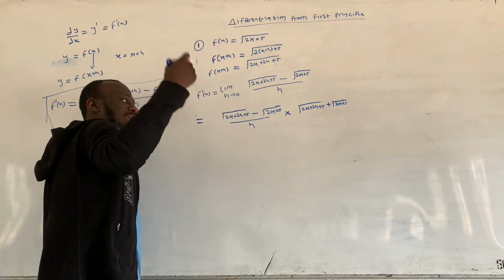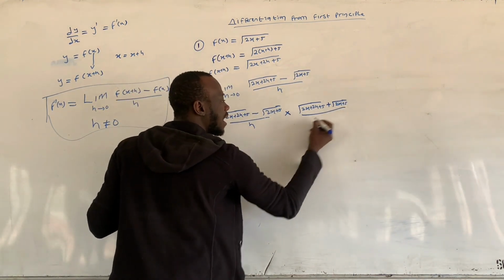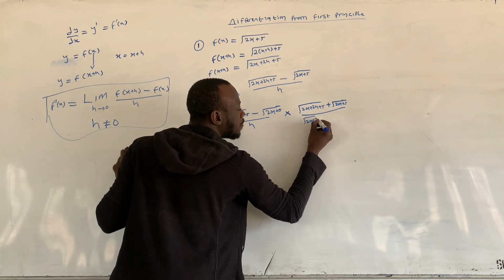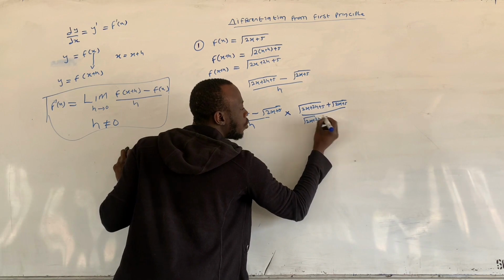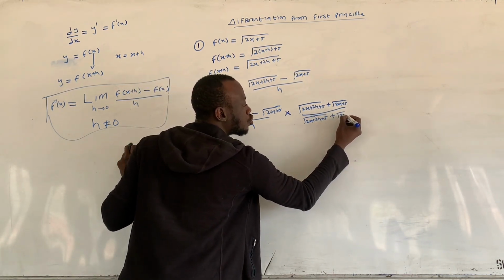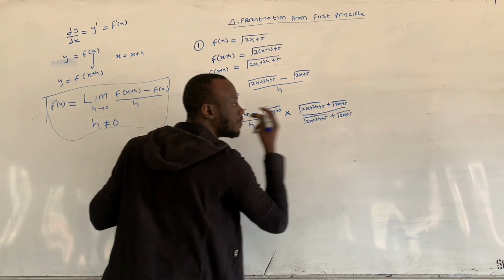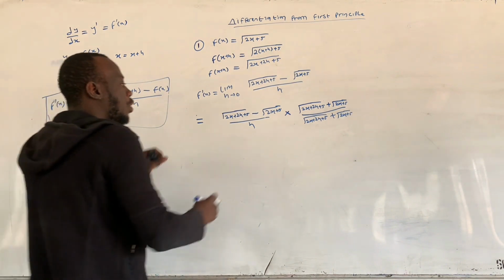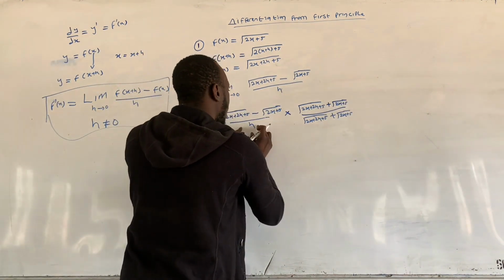Then we rationalize it again. It becomes here again over this root 2x plus 2h plus 5 plus again root 2x plus 5. So now we multiply this by this, h by this again.